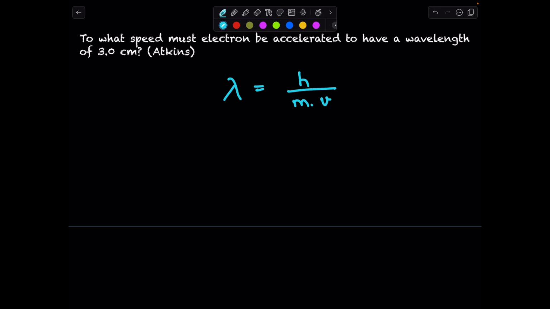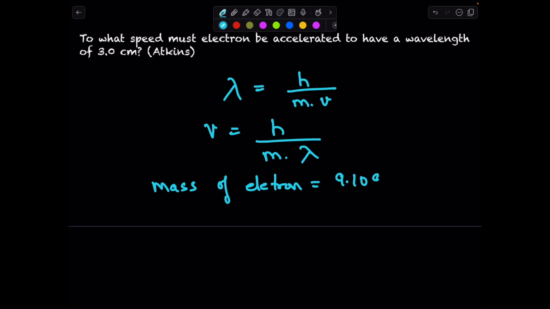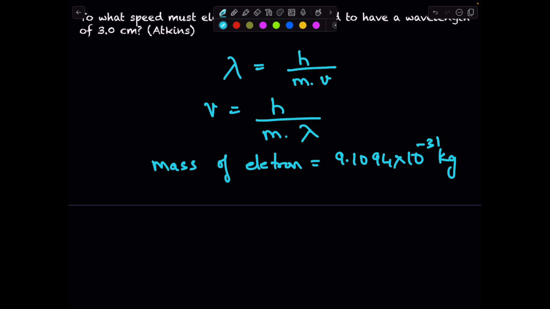We need to find the speed, so we can rearrange to write v equals h over m lambda. We know the Planck's constant h. Wavelength is given. Mass of electron is 9.1094 times 10 to the negative 31 kilogram. So we can plug these values to find the speed.